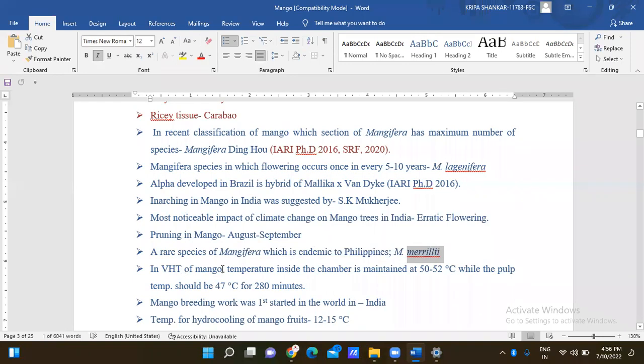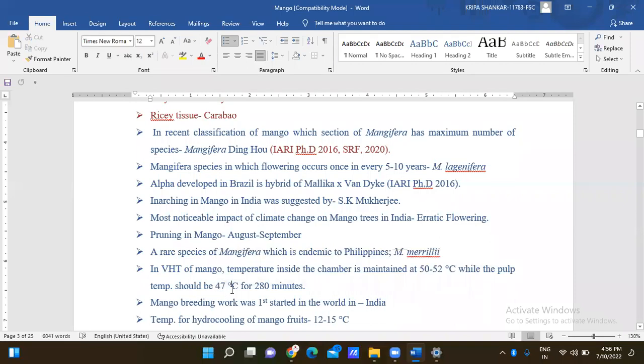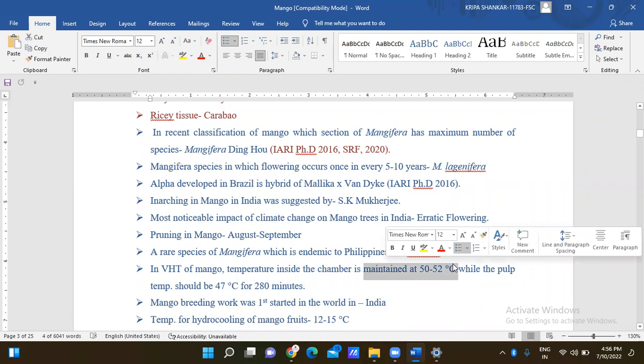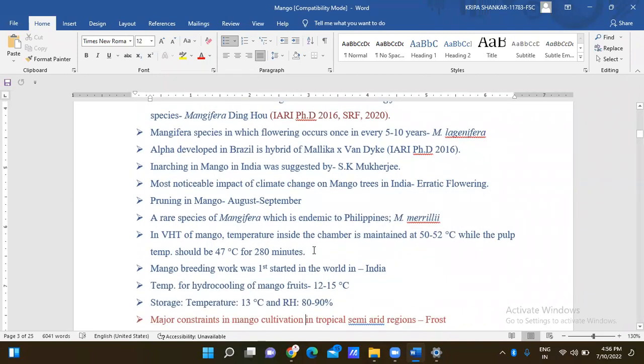In vapor heat treatment of mango, temperature inside the chamber is 50 to 52 degrees Celsius, and in the case of pulp it is 46 to 47 degrees Celsius. So if they are asking the temperature inside the chamber, it will be 50 to 52, and when they ask for the pulp, it is 46 to 47. Read the question nicely and click the right answer. This question is already asked.